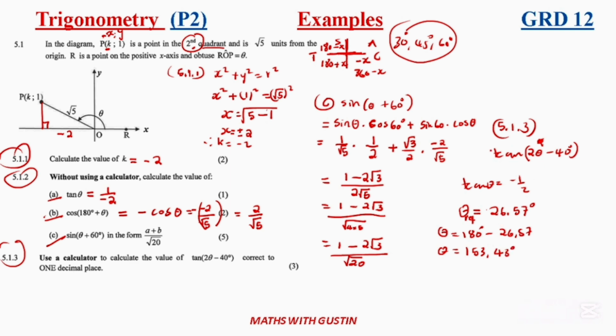So on our equation in 5.1.3, which is this one here, we can substitute this angle and find the answer. We're going to say tan of (2 times theta, because now we know theta is 153.43, minus 40, close bracket).